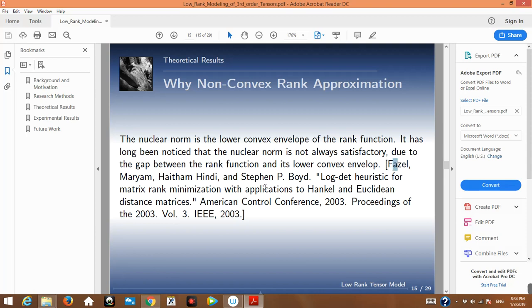Fazel and Boyd observed that the nuclear norm takes the summation of the singular values, and the rank is the number of nonzero singular values. So there's a gap between nuclear norm and the rank.